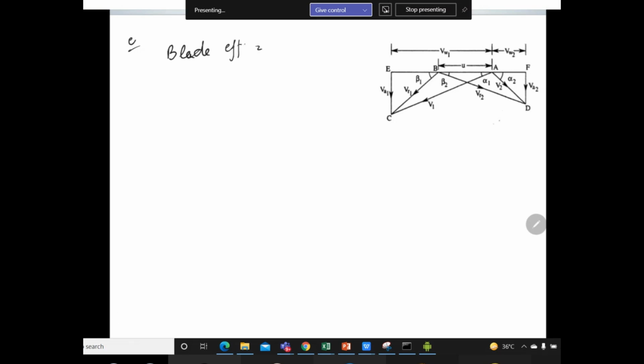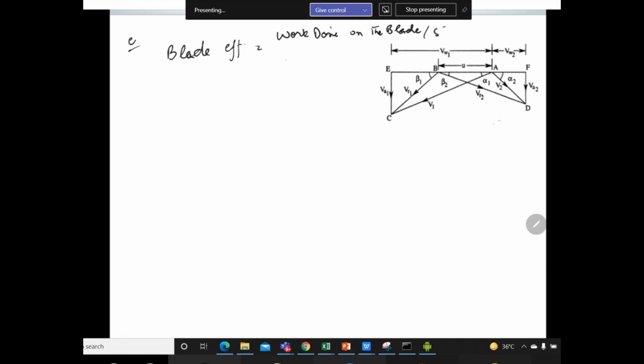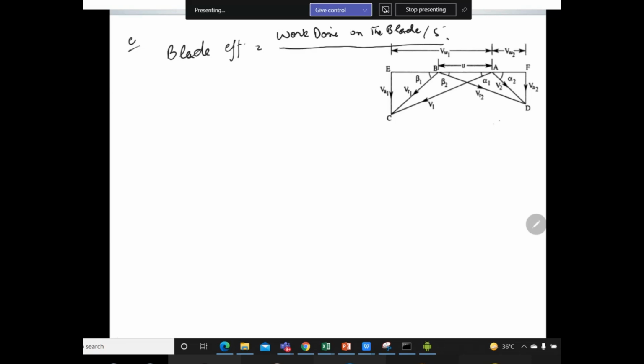Blade efficiency is basically equal to the work done on the blade per second, which means in watt, divided by the energy supplied to the blade, also per second.